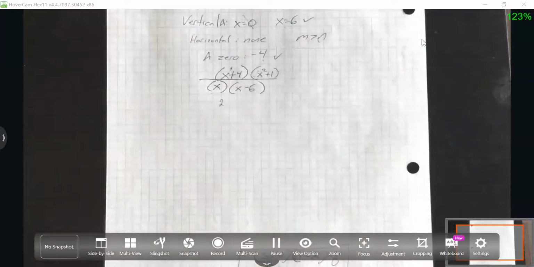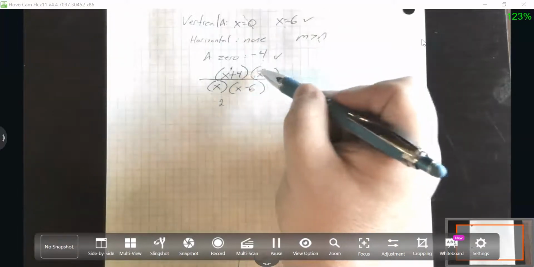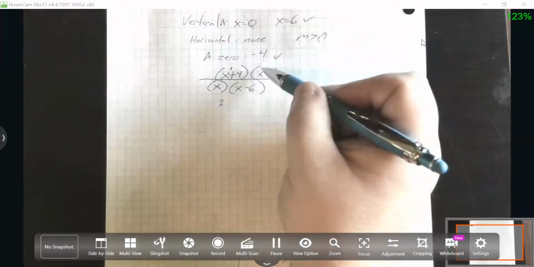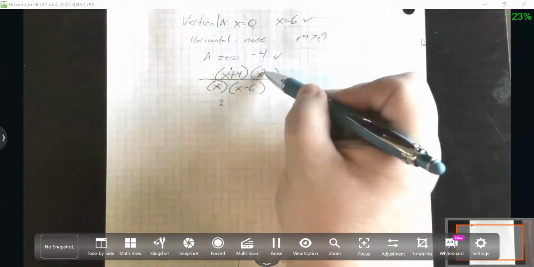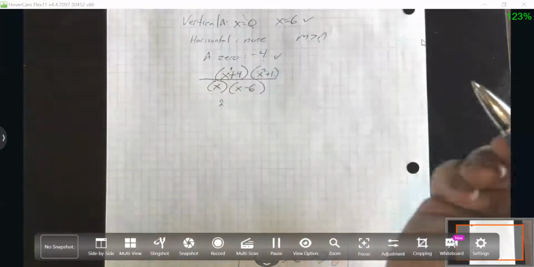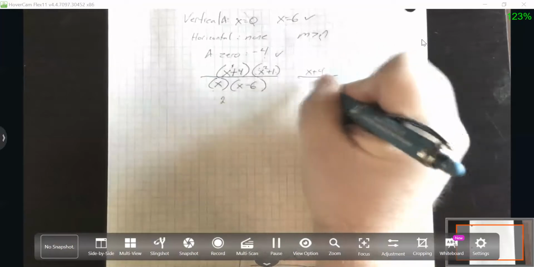So instead, I need something that's not quite the same. So if I put an x squared plus 1 up here, that's not going to change these asymptotes. It's not even giving us extra zeros in this case, since these would be complex. But it is raising the whole top up to a degree of 3. If I don't like the x squared, I could have done something different.